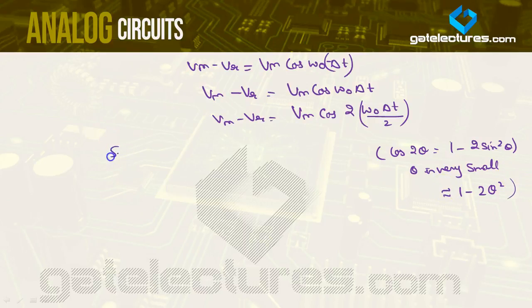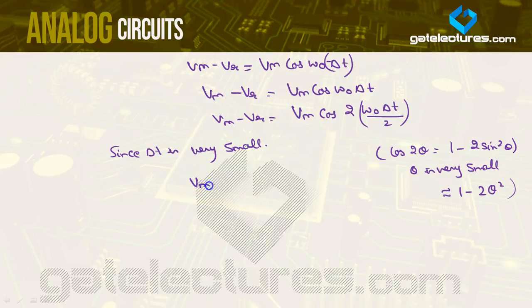Since delta t is very small, because we already considered before that t charge is very small as compared to t discharge.